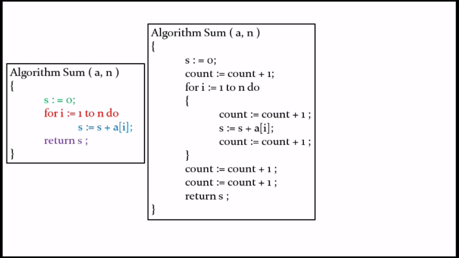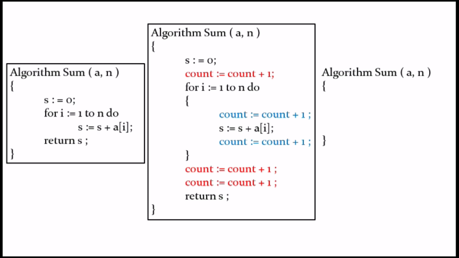So now again we will simplify this algorithm so that we can easily calculate the time complexity of this particular algorithm. So now we will just take count statements. How many count statements we are including, that is the algorithm we will write. So this is the algorithm.